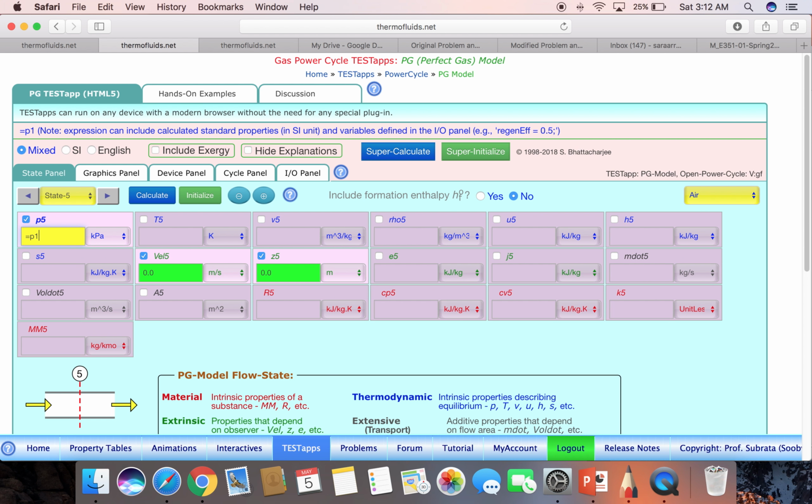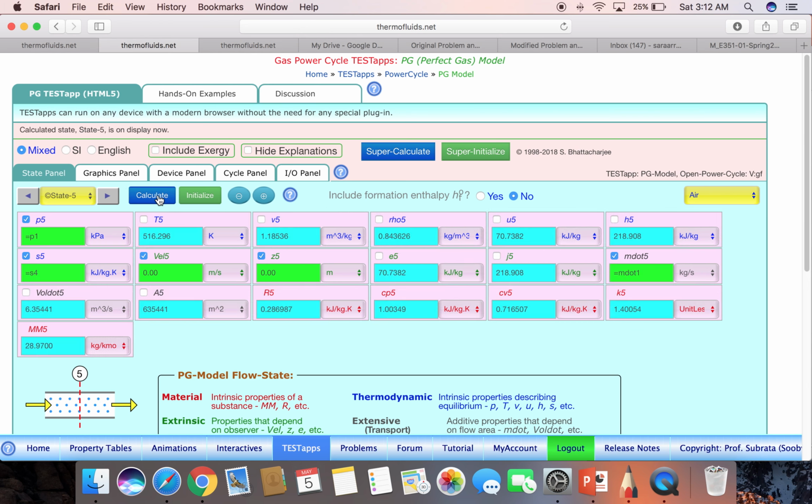We know it's isentropic, and we also know m dot is constant. We go ahead and calculate this.